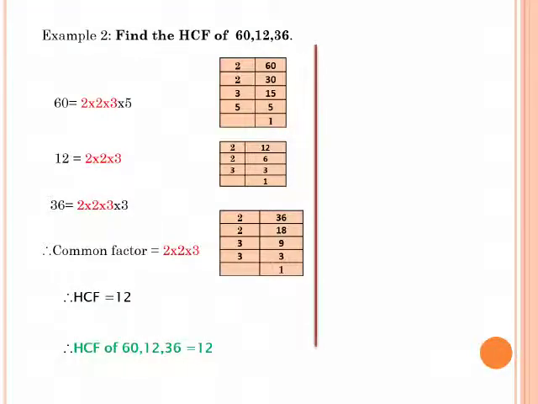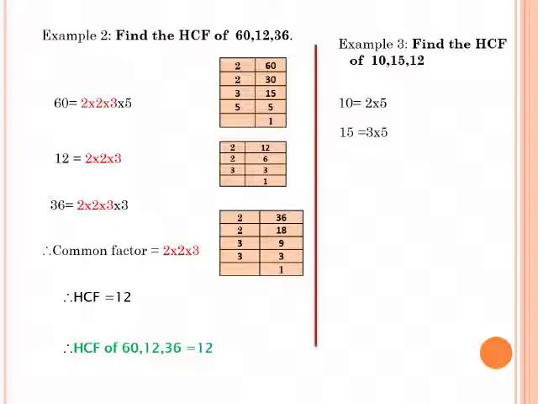The next example, find the HCF of 10, 15, 12. Now these numbers are smaller numbers and everybody knows the factors straight away. So instead of finding the prime factors, I am just writing the factors directly. So 10 is equal to 2 into 5, 15 is equal to 3 into 5, 12 is equal to 2 into 2 into 3.